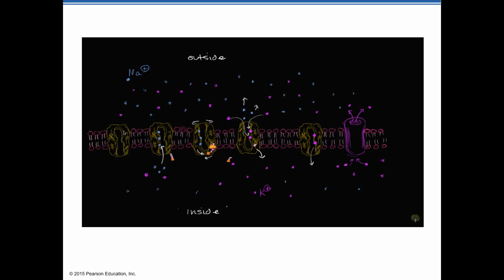In this resting state, it is open to the inside of the cell, and it has an affinity for sodium ions. You see 3 sodium ions depicted here in blue. They're going to bind to the pump, and once they bind, it's going to want to be phosphorylated by an ATP, and we see that right over here.